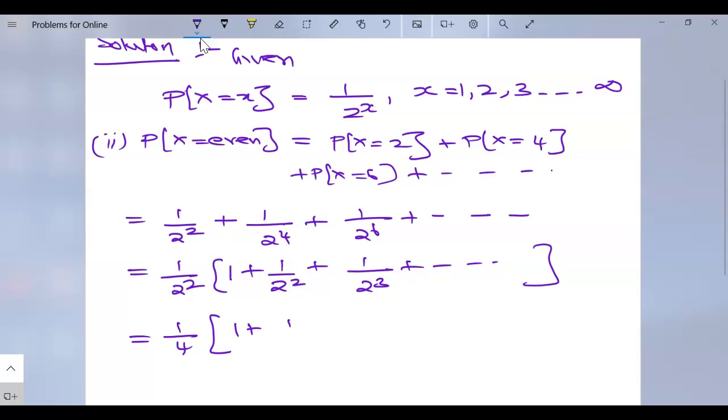Okay, so did I do it properly? x squared power 4, power 6. Okay. So what does it mean? I'm having 1 by 2 the whole square and 1 by 2 the whole cube, all those things. So how are you going to do this? Any idea?